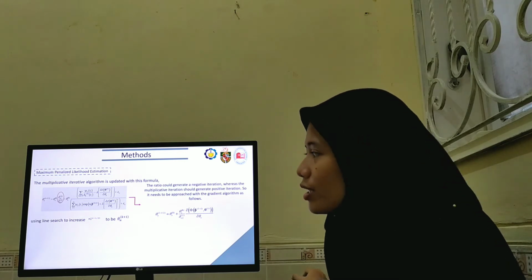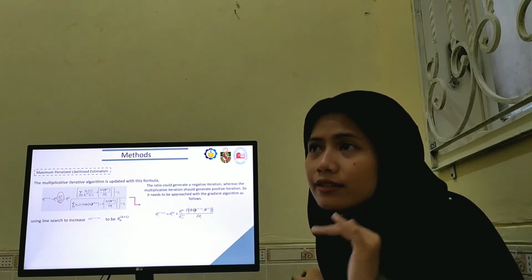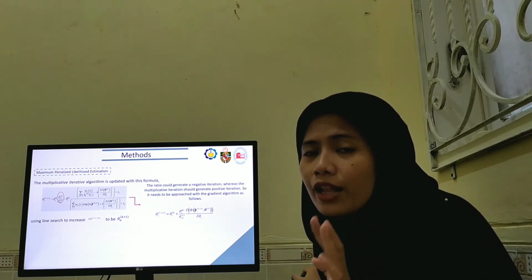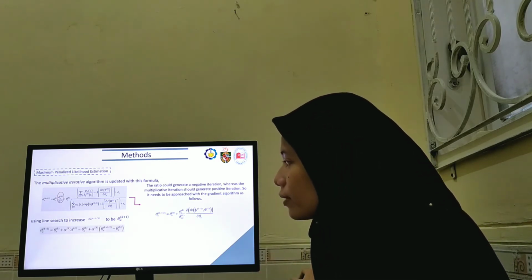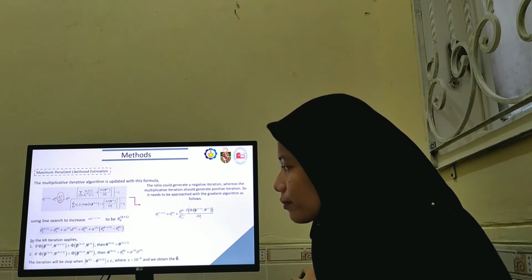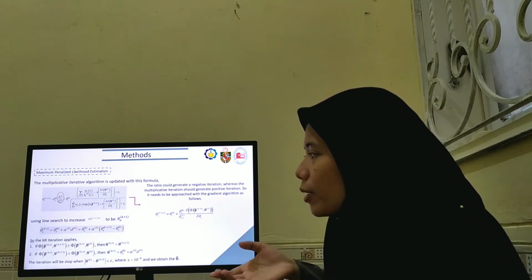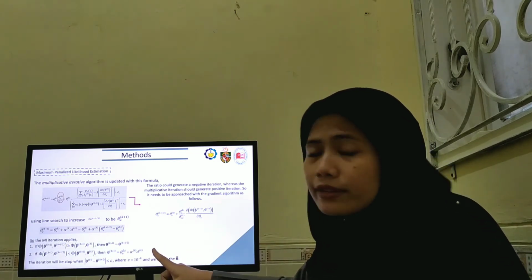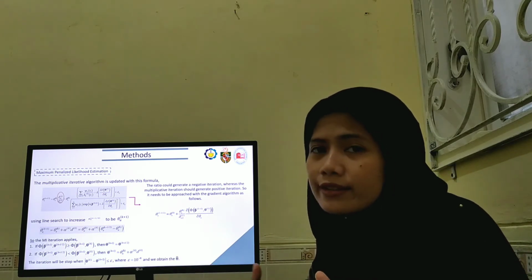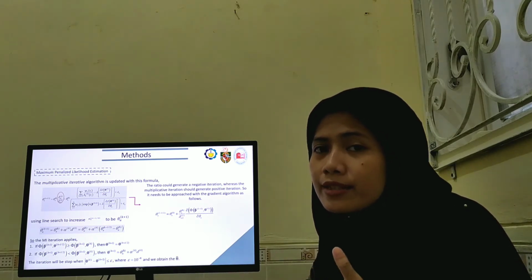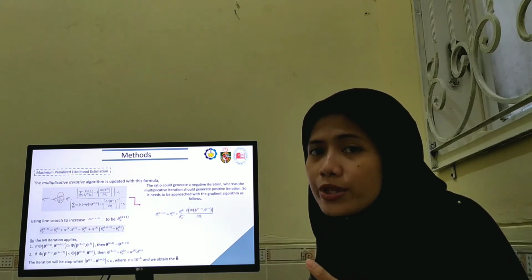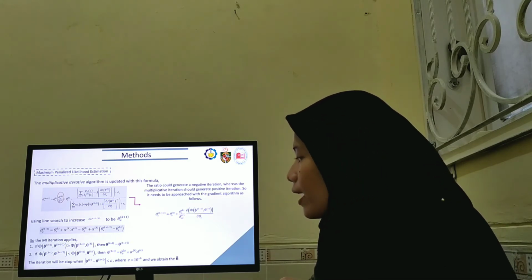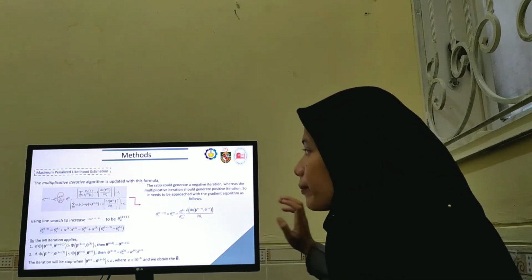The next is using line search to increase the theta at iteration k plus a half to be theta at iteration k plus 1, like this. So the iteration applies here, and the iteration will be stopped when theta at iteration k minus theta at iteration k plus 1 is less than epsilon, where epsilon is 10 to the power of minus 6, and we obtain the estimate of theta.